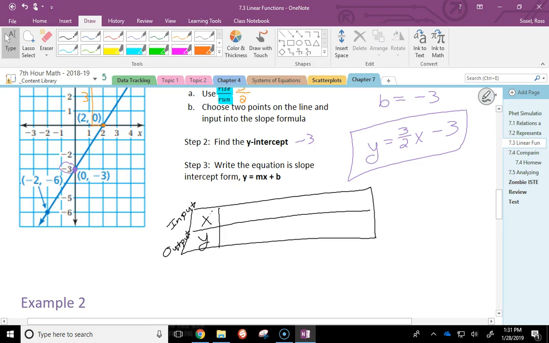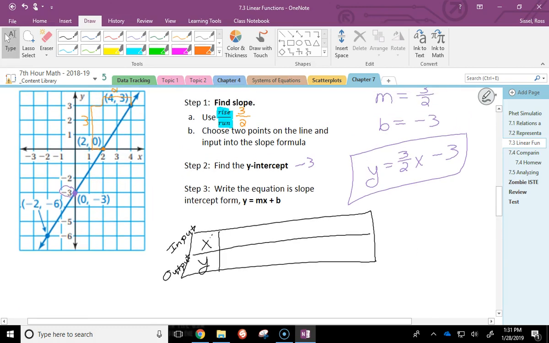I could go ahead and do this equation every time and try and come up with multiple answers. If I put 2 in there, 2 times 3/2. Or, since I graphed this line, I just look at it and say, here's one of the coordinate points on the line. It's 2, 0. Input 2, output 0.